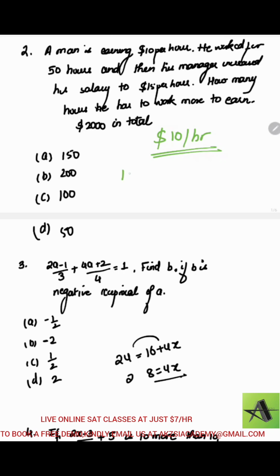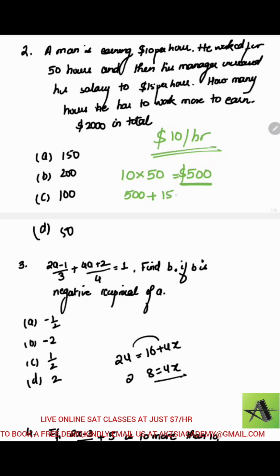Since he was earning 10 and he worked for 50 hours, that means he has already earned $500. Remaining is $1,500. Then his wages were increased to 15.